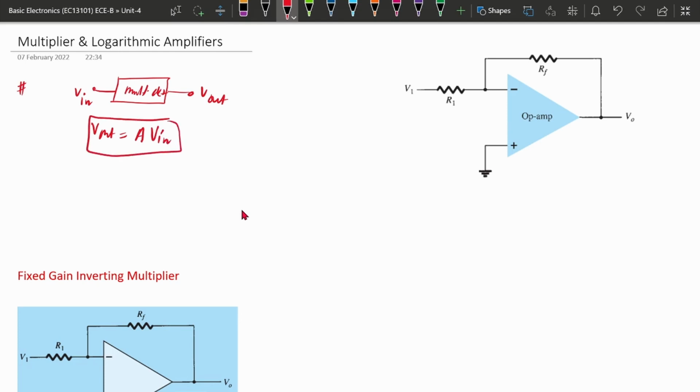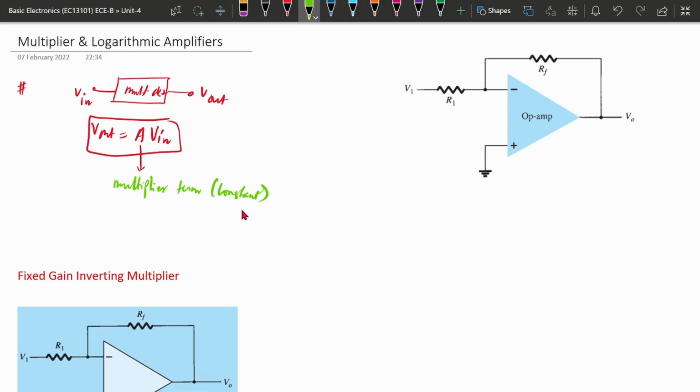The term A can be considered the multiplier term. It will be a constant. So the output will be a constant multiplier with the input.